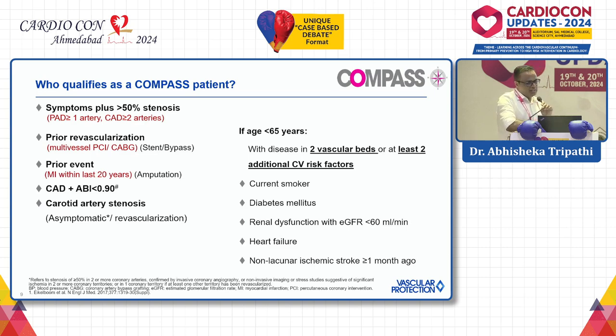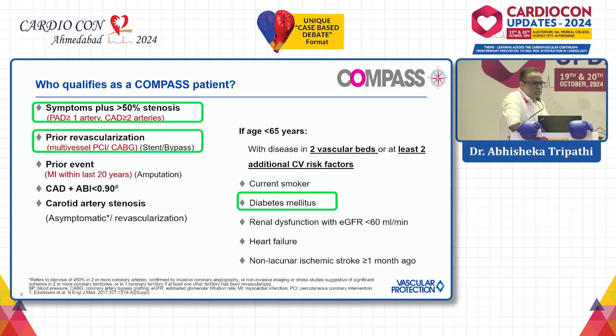If the age is less than 65, then 2 vascular beds should be involved, with at least 2 additional risk factors like current smoker, diabetes, GFR less than 60, heart failure, or non-lacunar ischemic stroke more than 1 month ago. So you see our patient has history of prior revascularization, has diabetes, has symptoms plus more than 50% stenosis, and prior event.